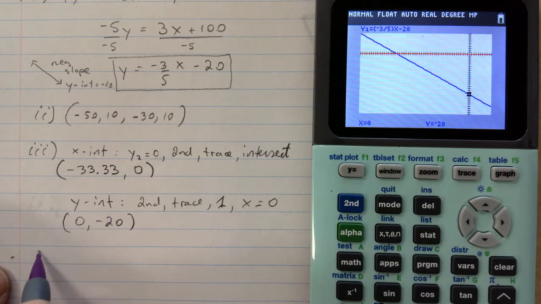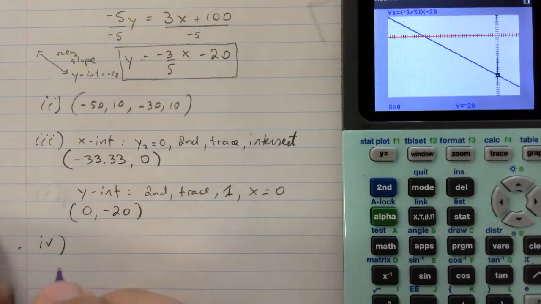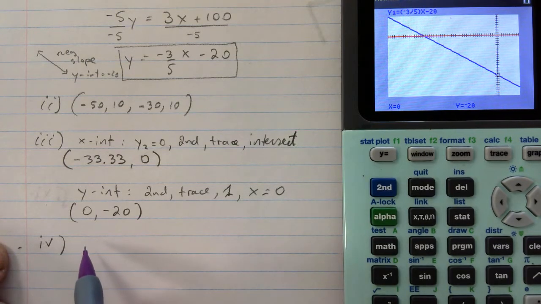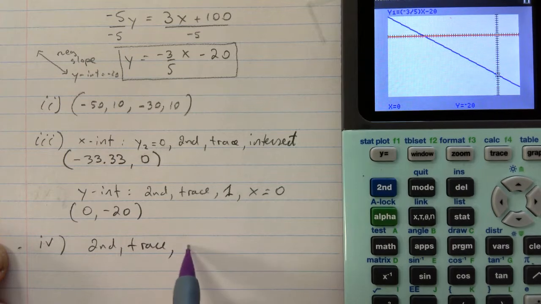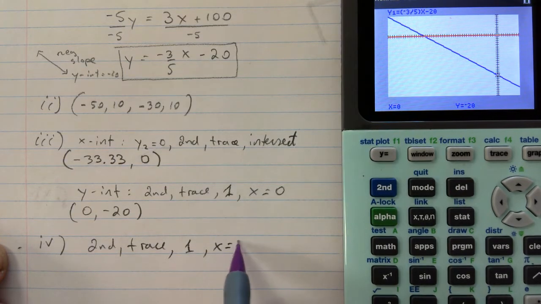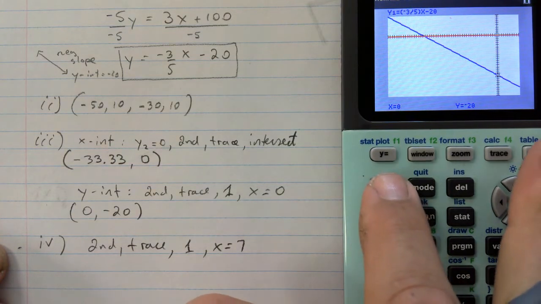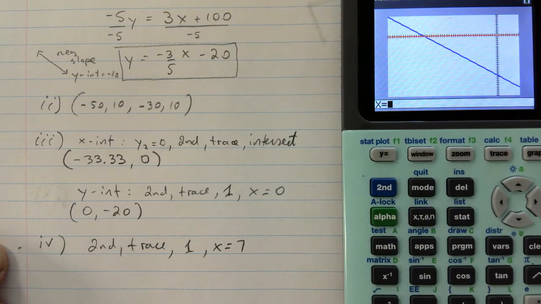And the fourth item, and here we go. We know what x is, so we go second trace 1, x is equal to 7. And it happens to be on my screen.